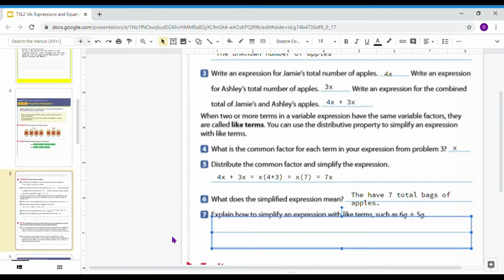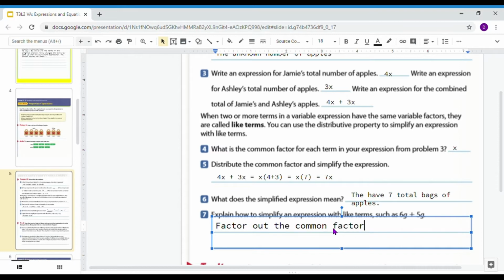Explain how to simplify an expression with like terms, such as 6g plus 5g. So what we would have to do is factor out our common factor. I'm trying to write these as step-by-step instructions. Therefore, if you get caught in your independent work, you can come back here. So factor out the common factor, which is our first step.